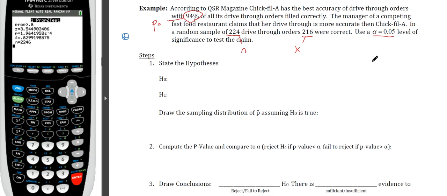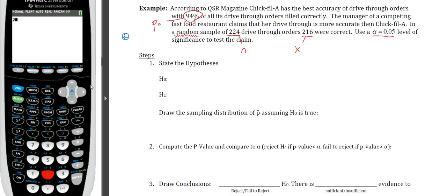Okay, so it doesn't say to check the conditions, but we should address that real quick. It says random right here in the description, so that's good enough for that condition. 224 drive-through orders is likely less than 5% of all drive-through orders, so that's probably okay.